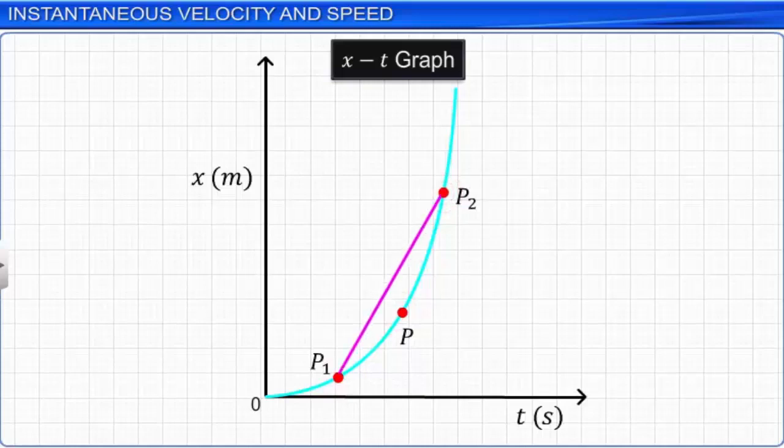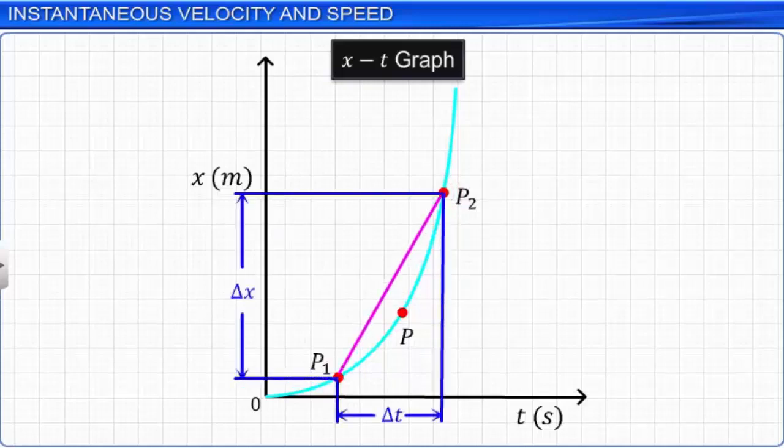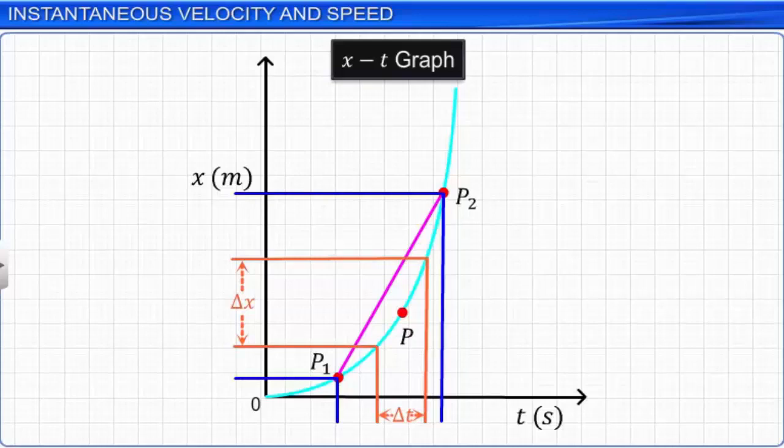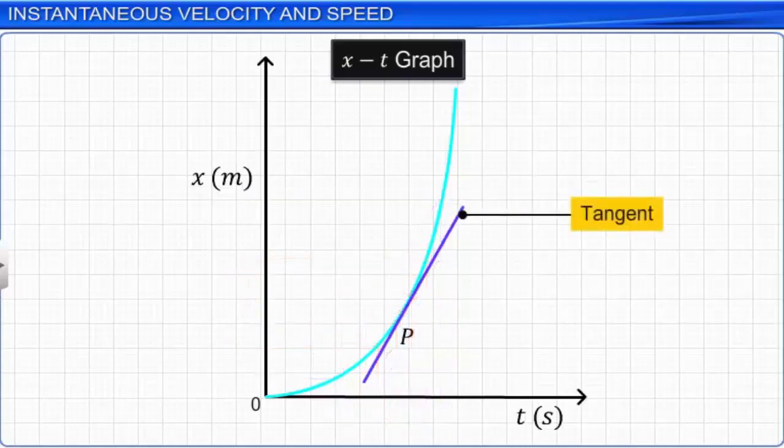Find delta T and delta X. When delta T is reduced, we get lines Q1, Q2, etc. On further decreasing the value of delta T, we finally get one line, which is the tangent to the curve at point P. The slope of this tangent represents the instantaneous velocity at point P. Slope is represented by tan theta as shown in the graph.